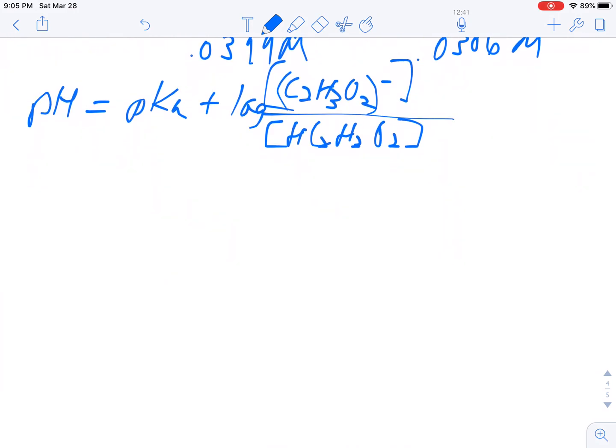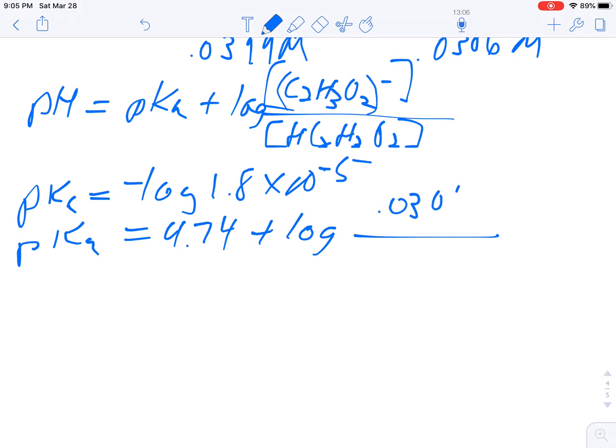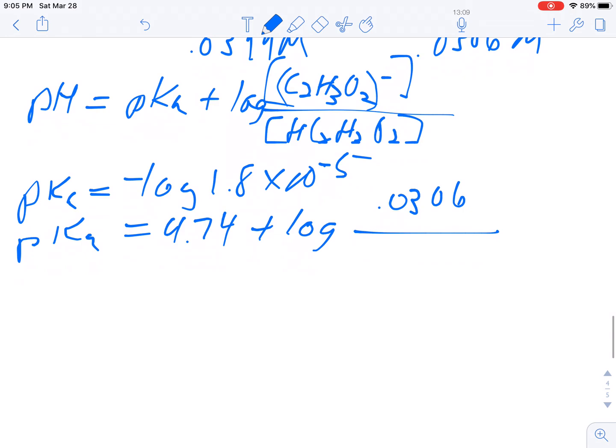To plug into that, the pKa is going to be the negative log of the Ka, which is 1.8 times 10 to the negative fifth. So my pKa is 4.74, and I'm going to add to that the log of the concentration of 0.0306 over 0.0399.